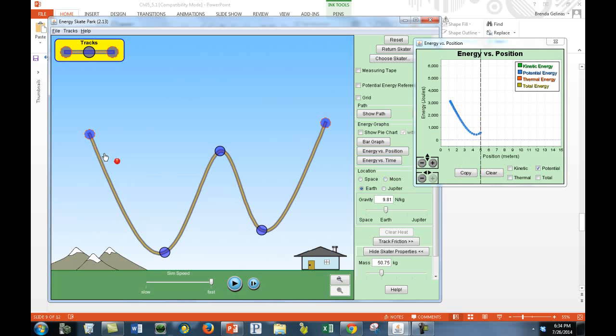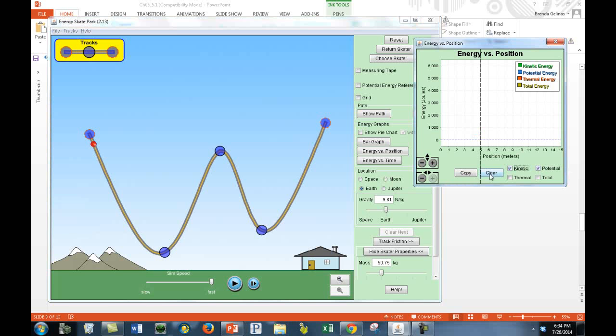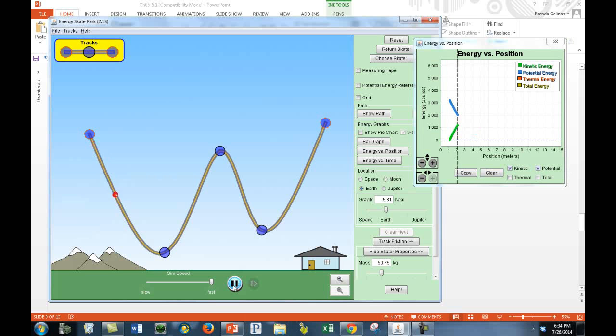Okay. So let's see what's happening at the same time with kinetic energy. Kind of an interesting picture, right? As the potential energy goes down, as the ball goes down the hill, it's being converted to kinetic energy, or the energy of movement. Okay.